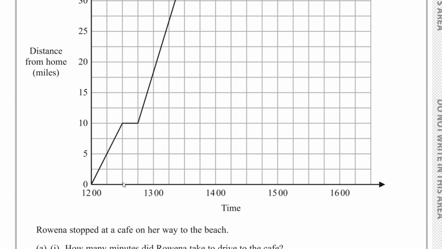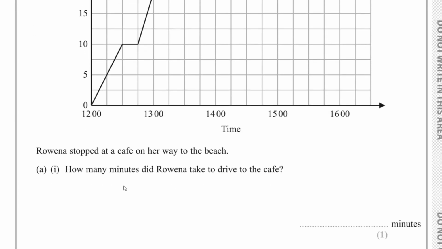Well, that's the first part of her journey. When she stops, she's at the cafe. So that's from 12:00 to the time shown here, 12:30. So for her to drive to the cafe, that's this portion here, which corresponds to 30 minutes.